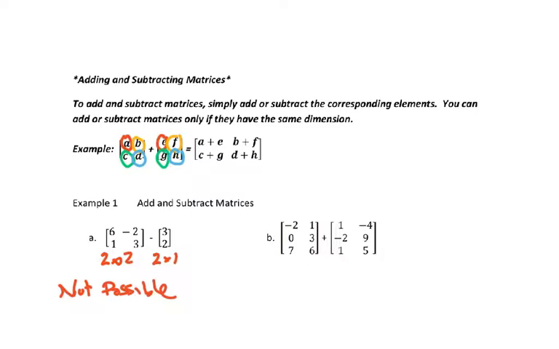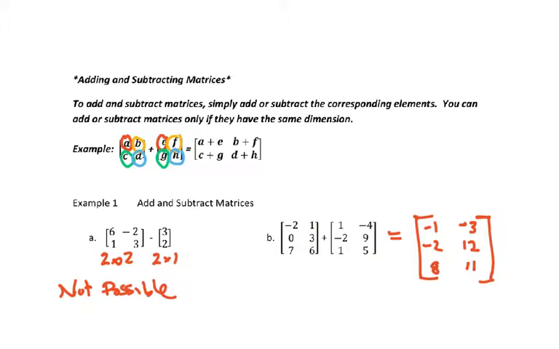So what we're going to do is we're going to have a new matrix, same size, 3 by 2. We're going to do negative 2 plus 1, which is negative 1. 1 plus negative 4, which is negative 3. 0 plus negative 2, which is negative 2. 3 plus 9, which is 12. 7 plus 1, which is 8. 6 plus 5, which is 11.